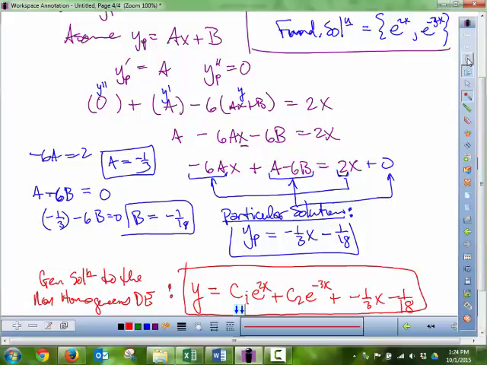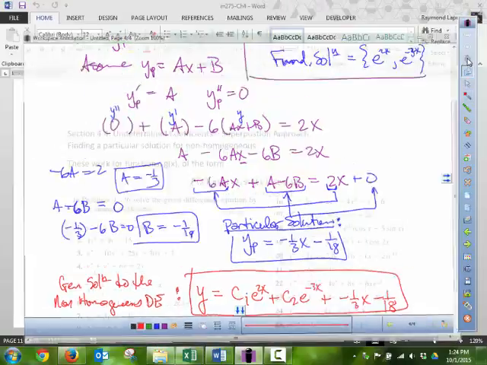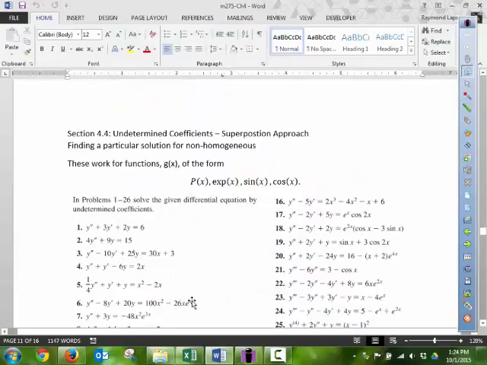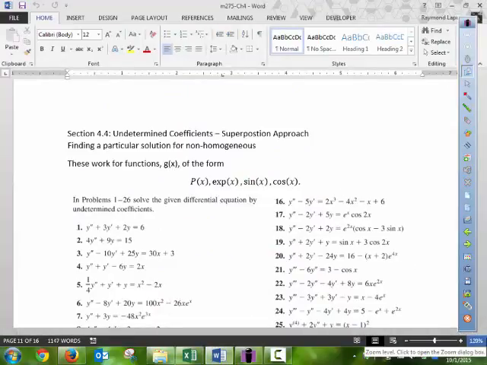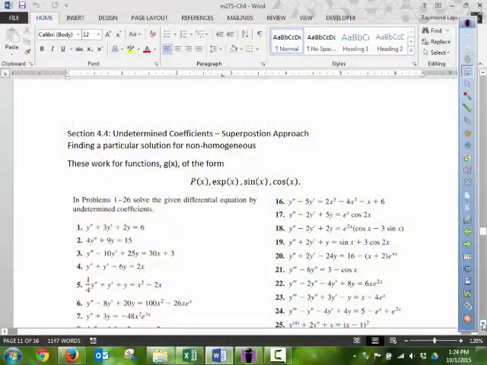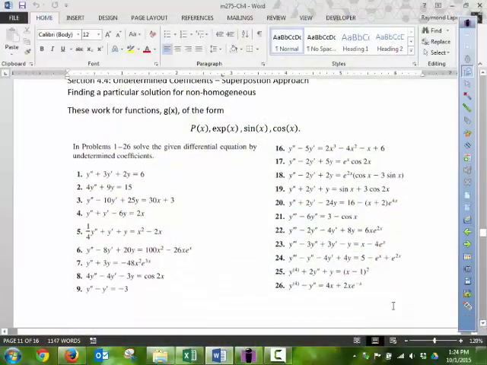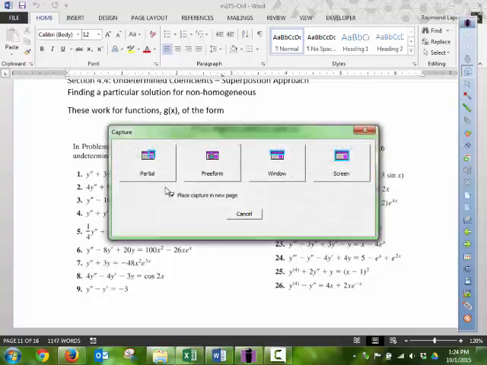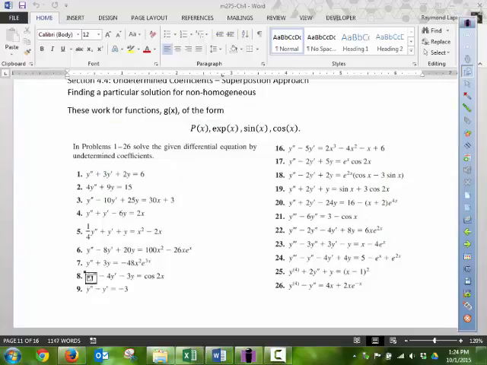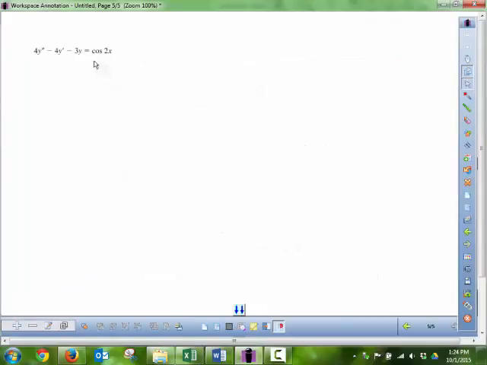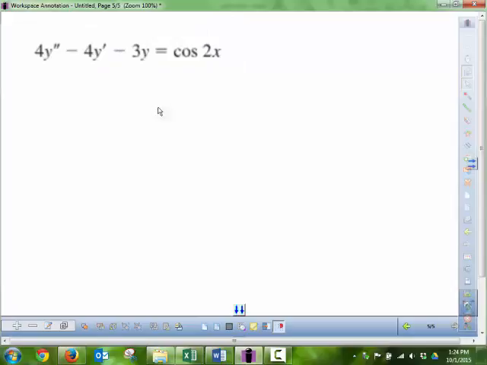All right, let's take a look at another problem. They jump on those e to the x's already. Let's do one with a trig function. Four y double prime minus 4y prime minus 3y is equal to cosine 2x.